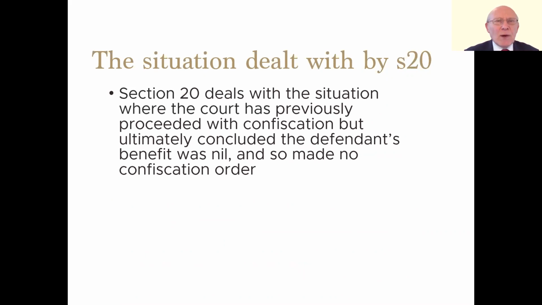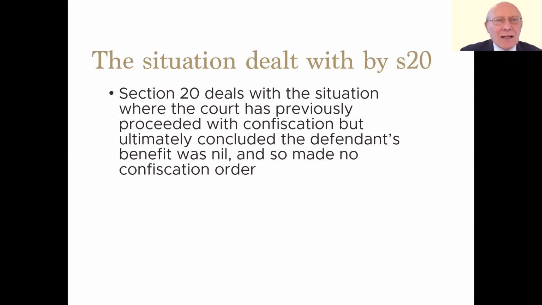And the situation dealt with by section 20 is where the court did consider confiscation and actually concluded that the defendant's benefit was nil. And so because the defendant's benefit was nil, it didn't make a confiscation order at all. Contrast that with the position where we say the available amount is nil, where it makes a confiscation order with a benefit figure and a nominal available amount of £1 or £10 or something.